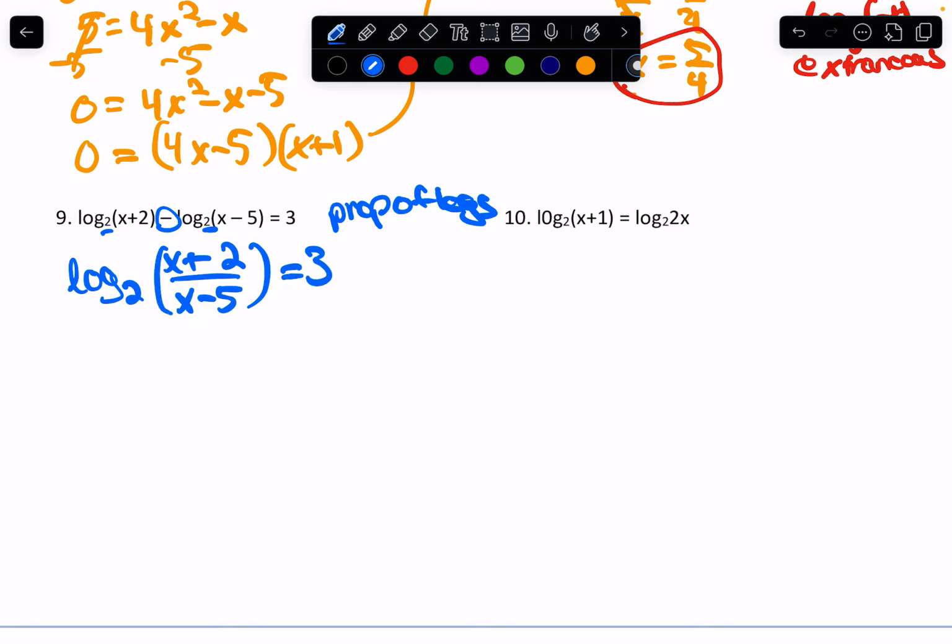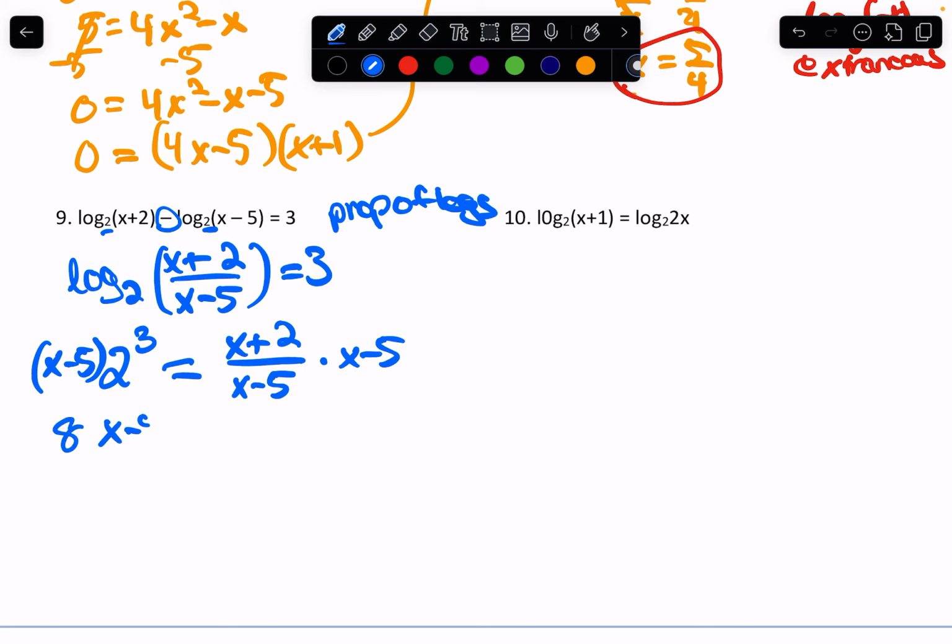Now we can write it as an exponential. 2 is the base and 3 is the exponent, and that equals x plus 2 over x minus 5. We're going to multiply by x minus 5, and we get 2 cubed times x minus 5 equals x plus 2. So we distribute: 8x minus 40 equals x plus 2.